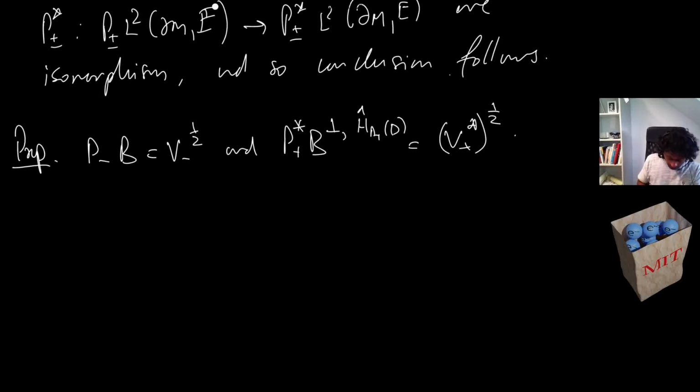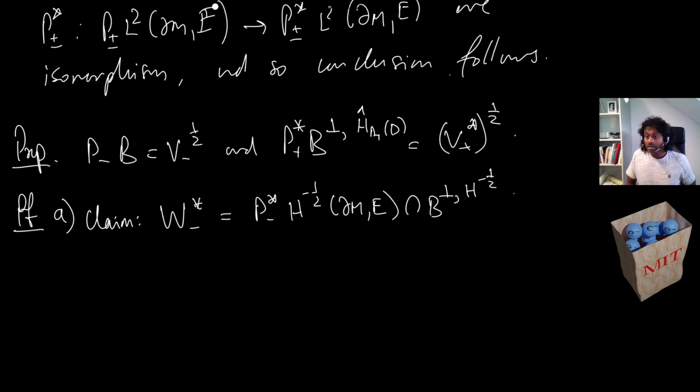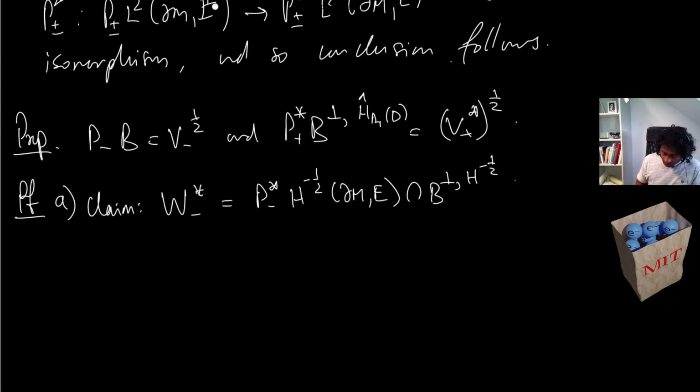Okay, so we're going to prove this in steps. The first thing we're going to prove is this claim: W minus star is equal to P minus star H minus a half intersect with B annihilated in H minus a half. Now that sounds really crazy because we've made the space very, very large, right? But let's see why this is true.